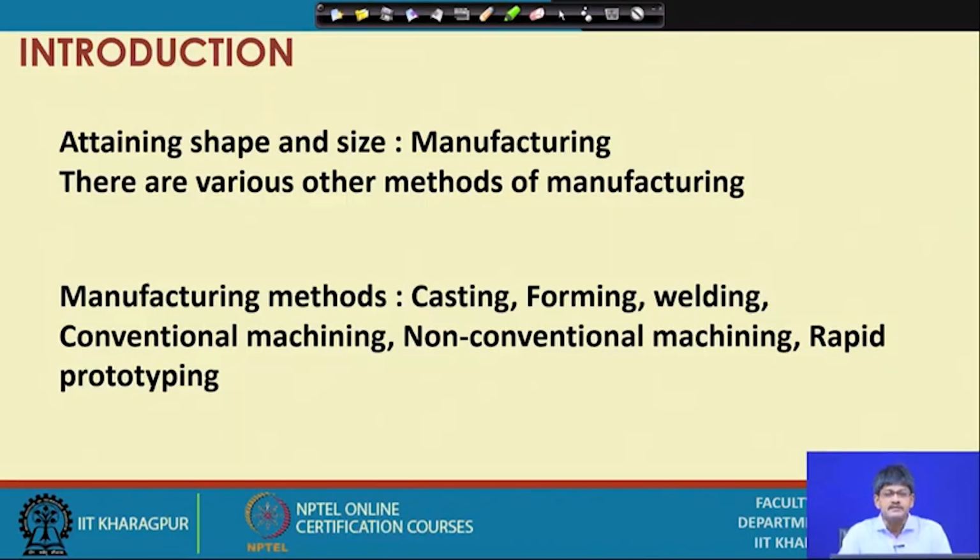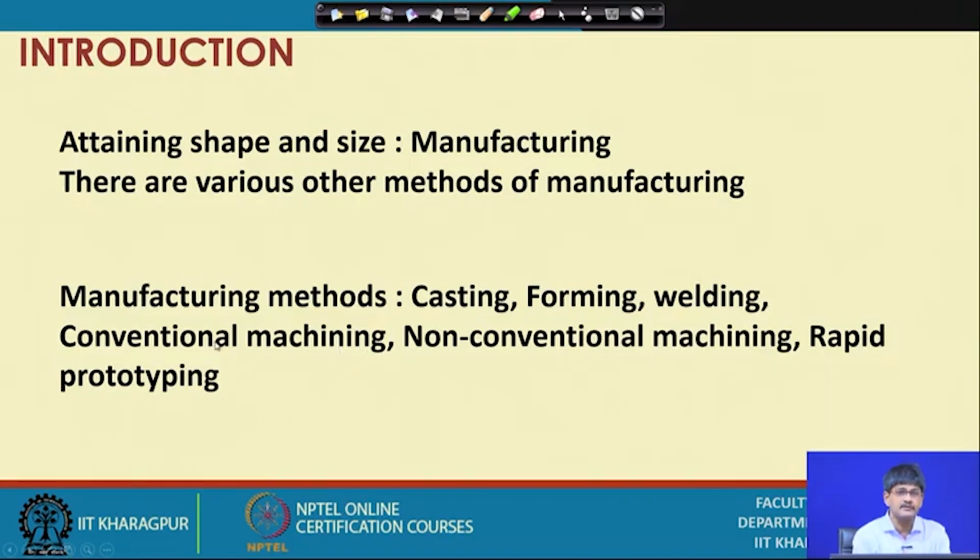Now, in that case, first of all, where is metal cutting? I cannot see metal cutting or material removal, etc. Metal cutting belongs to this particular group, conventional machining. Material removal, conventional machining, metal cutting, metal machining, etc. All these things belong to this particular group.